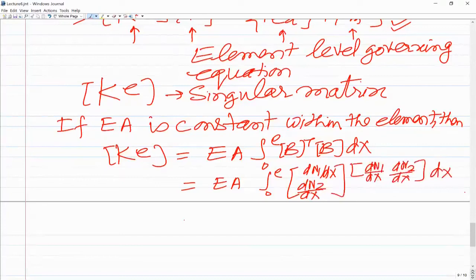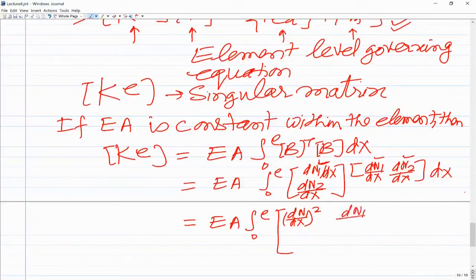So now if you multiply this, we get EA integration 0 to L, and this into this will be the first row and first column. So we will get dN1 by dx whole square, and then this into this will be the first row second column. So we will get dN1 by dx into dN2 by dx.